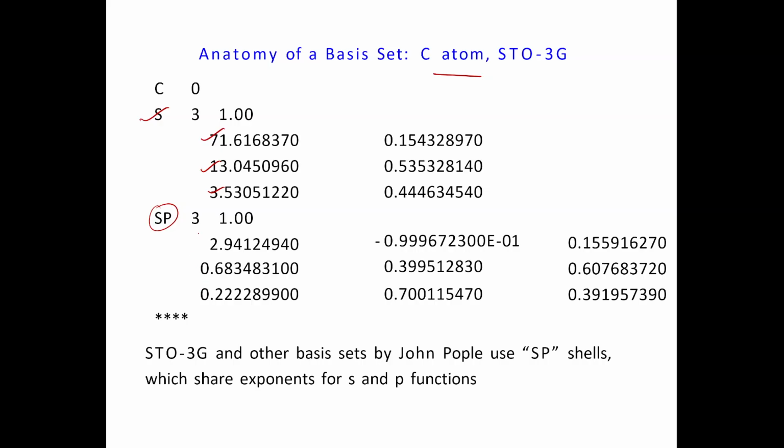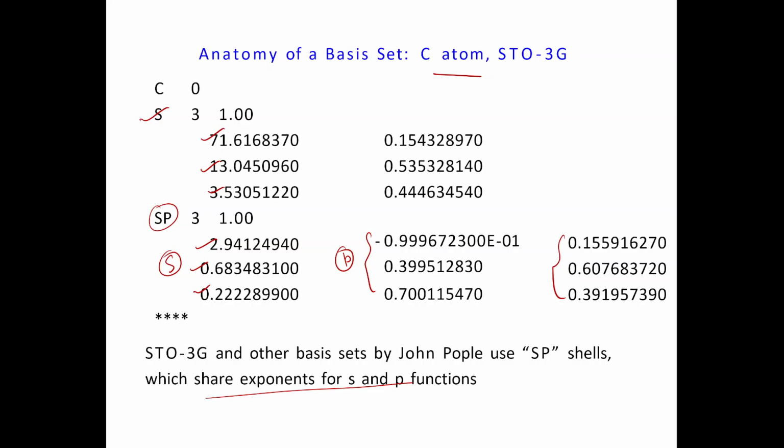These are very old basis sets, STO-3G, so they write in this sp fashion, which shares the exponents of the s and p functions. What that means is that these three are the exponents for your s orbital, these three are the exponents for your p orbital, and these are the coefficients.